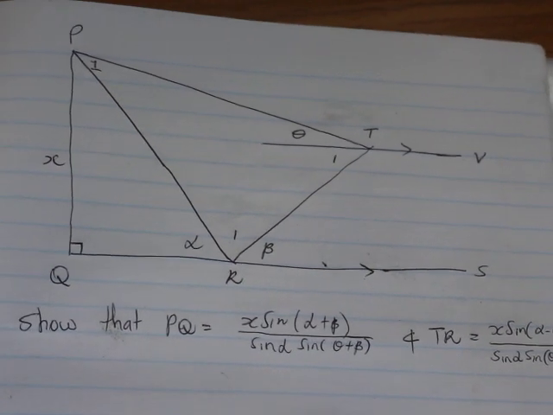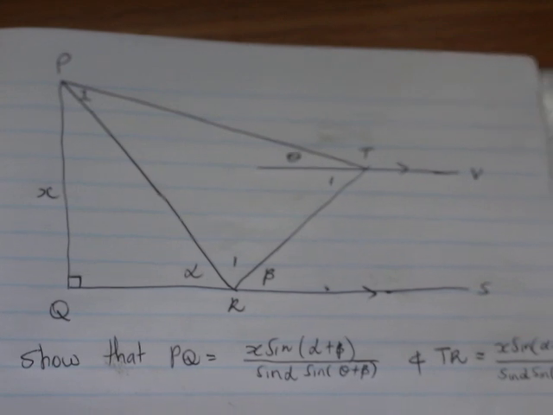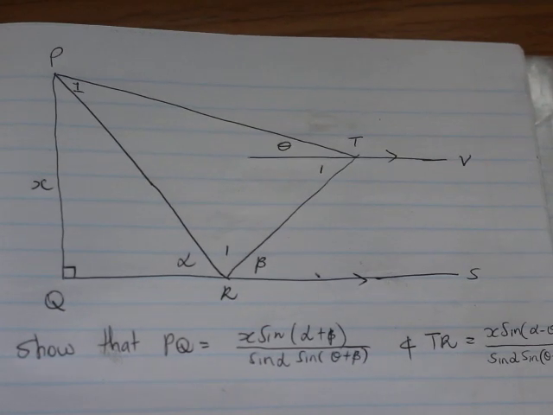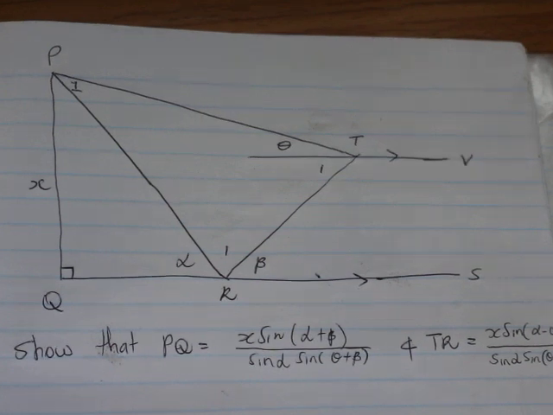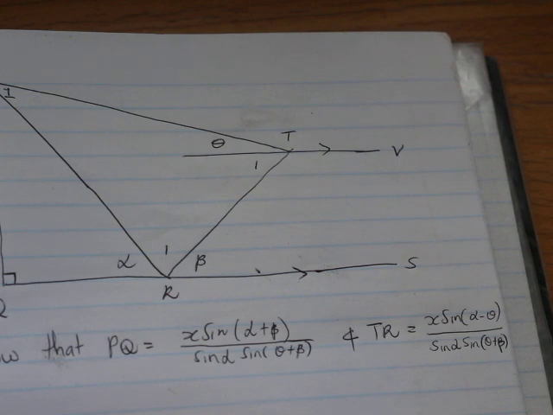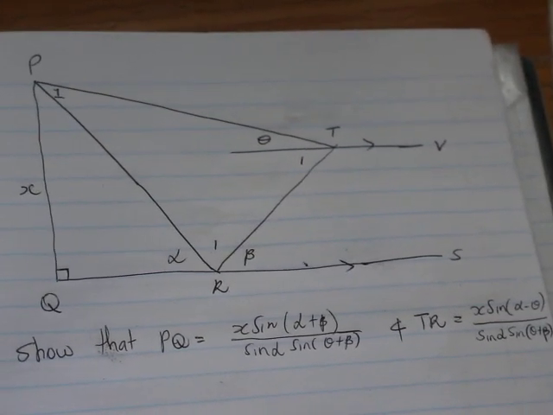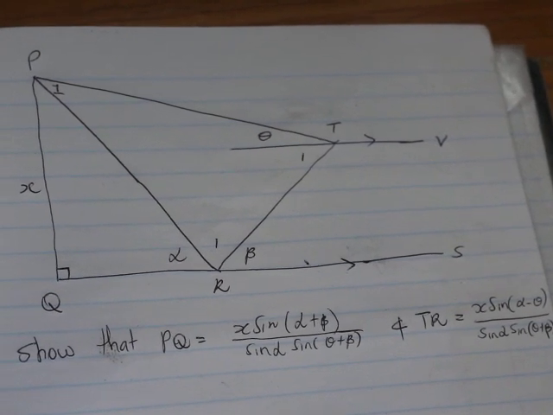There's the thing that we're given, we've got that diagram over there, and we need to show that PQ is given by that. Also TR is given by that. I don't know how we're gonna do it, but we just gotta try.